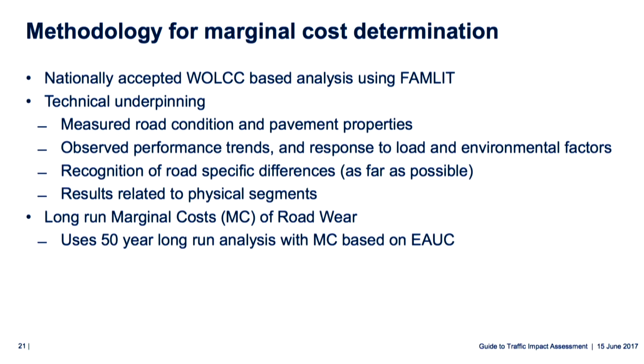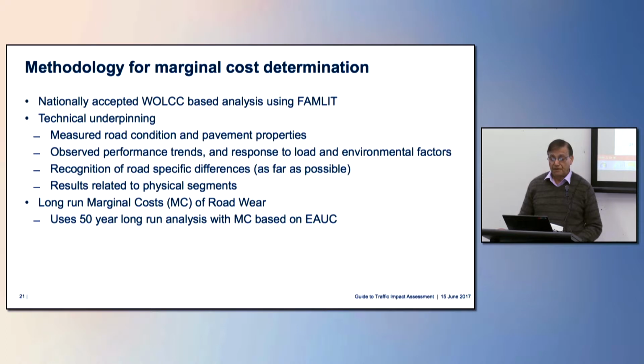There are a number of technical things, primarily measuring the road condition data, for example roughness and rutting, and also the pavement properties in terms of the subgrade and the pavement materials, how the road segments will perform as a result of the traffic impact, and also the environmental factors.